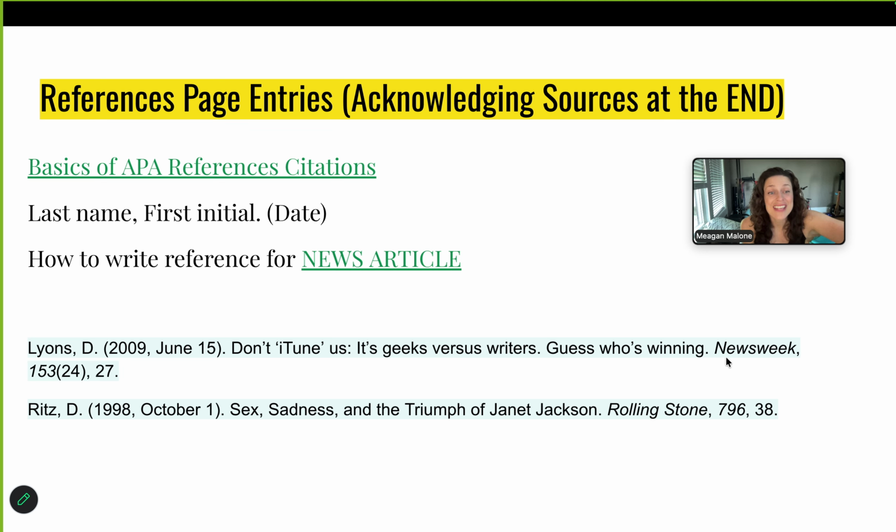After that, you italicize the name of the publication, which in this example is Newsweek. You also put the volume. So if there's a volume and then a number, this one is volume 153, number 24.